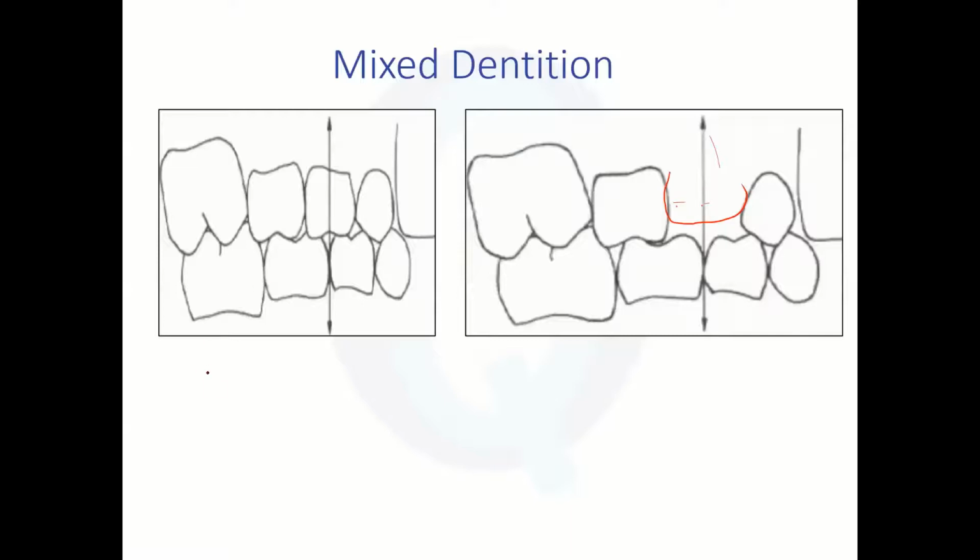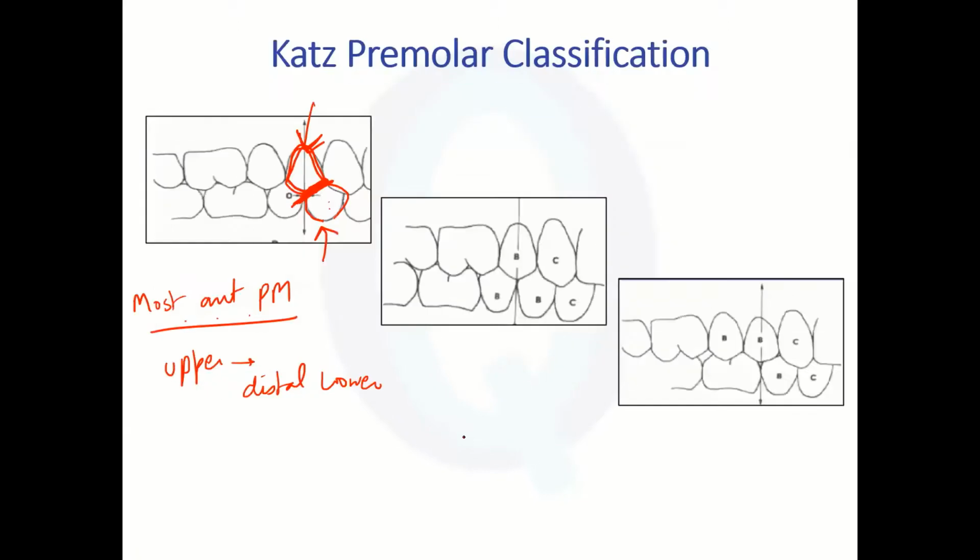Now this was the first classification that quantified malocclusion. It could tell you in mm how much class 2 or how much class 3 it is. Class 2 was given a positive sign and class 3 a negative sign.